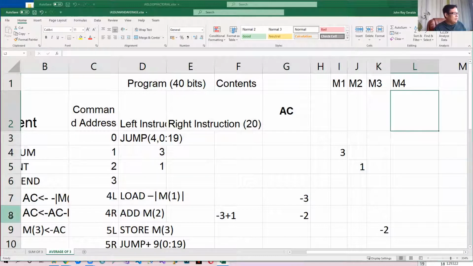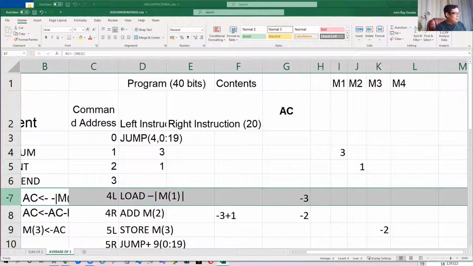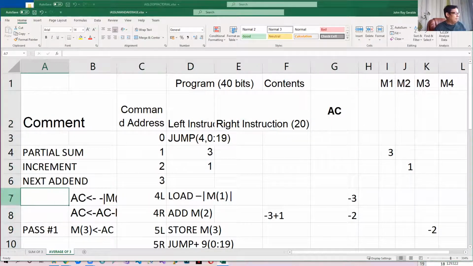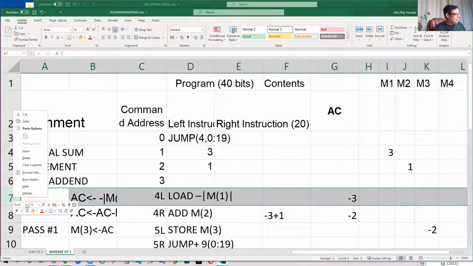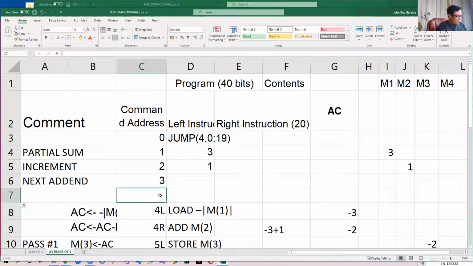Okay? And then, yeah. And then we will insert. This will be our 4L. Okay? Do you follow? Okay. So 4L, 5L, no?